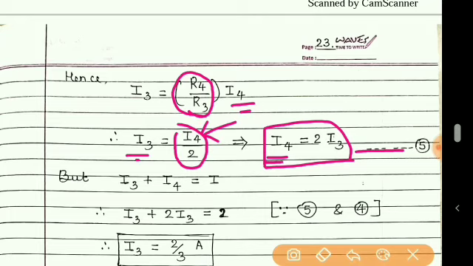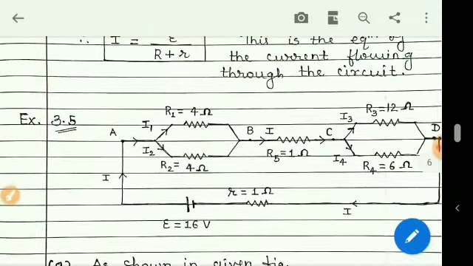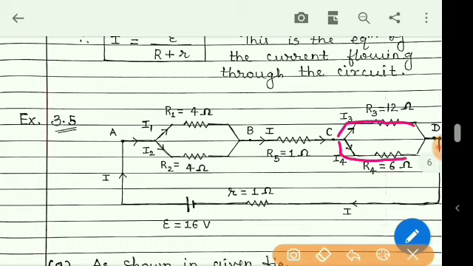Also, the addition of these two currents is equal to the total current. You can see here in the circuit, these two currents I3 and I4 will again combine to give the current I, that is the total current.